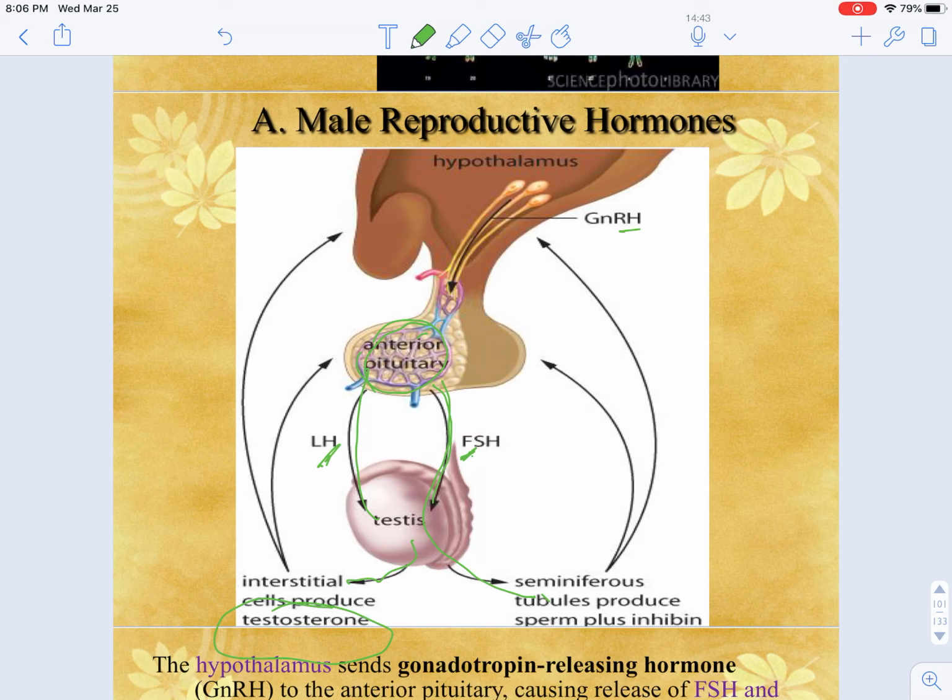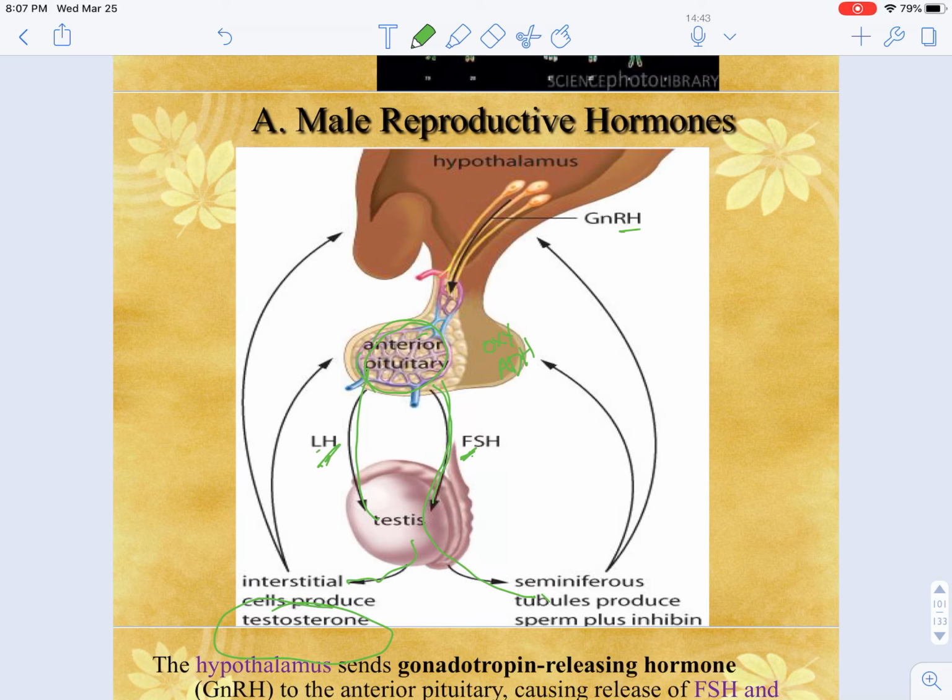If you can remember that the posterior pituitary was only for production of oxytocin and ADH, then remember that there were a whole list of hormones coming from the anterior pituitary, but for our topic we'll just talk about how LH and FSH are affecting the male. In the female feedback loop, it will be about how LH and FSH affect the female, targeting the ovary.